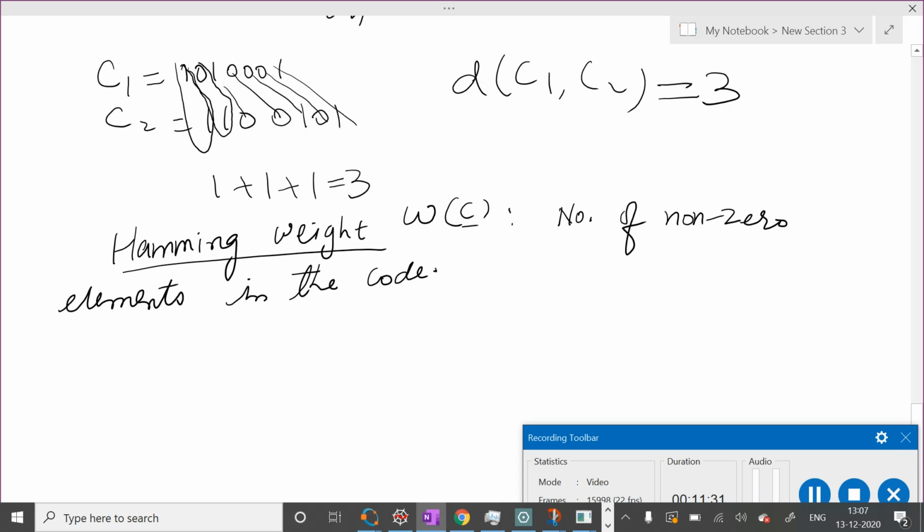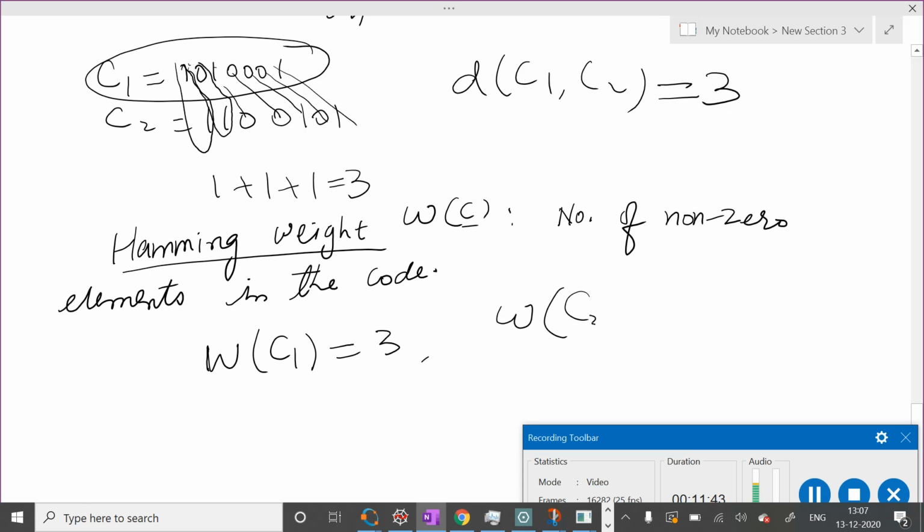Again, the Hamming weight of C1 in this example: how many non-zero elements are there? 1, 2, 3. And the Hamming weight of C2: 1, 2, 3, 4. So 4.